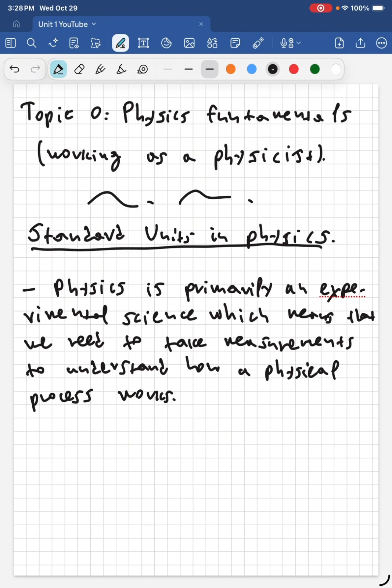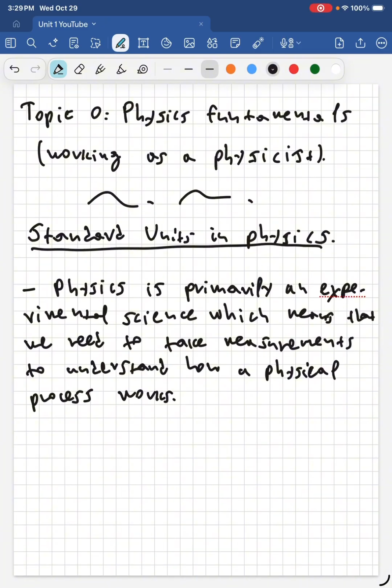When I say I studied theory, this means that theorists in general study the world mathematically, okay? So they come up with equations and they try to see whether those equations apply in nature, okay? But physics is experimental, so for any law to become a law of physics, it needs to be verified experimentally.